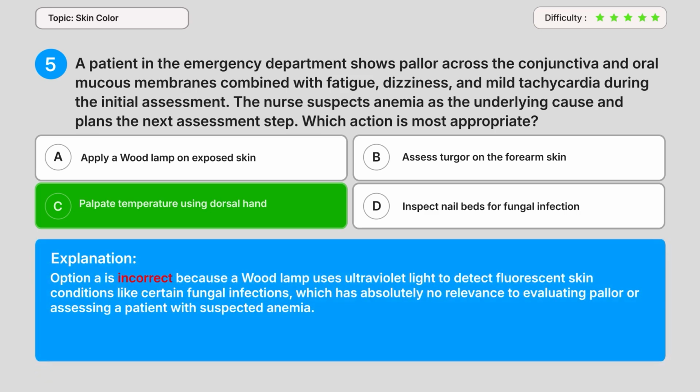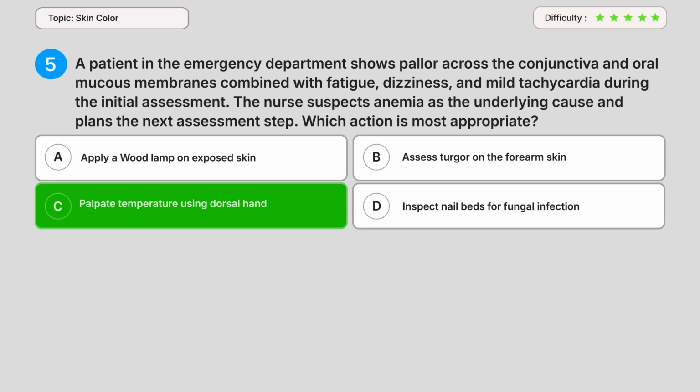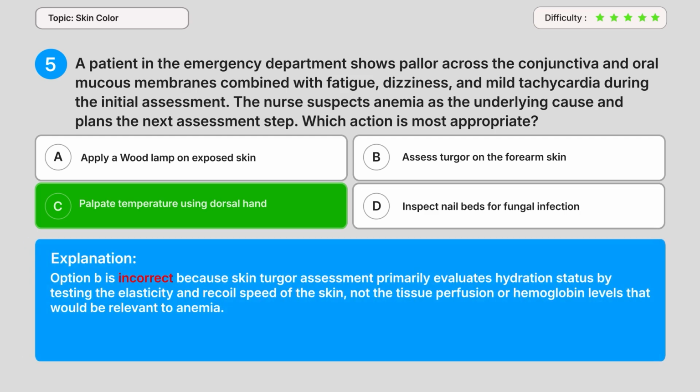Option A is incorrect because a wood lamp uses ultraviolet light to detect fluorescent skin conditions like certain fungal infections, which has absolutely no relevance to evaluating pallor or assessing a patient with suspected anemia. Option B is incorrect because skin turgor assessment primarily evaluates hydration status by testing the elasticity and recoil speed of the skin, not the tissue perfusion or hemoglobin levels that would be relevant to anemia.